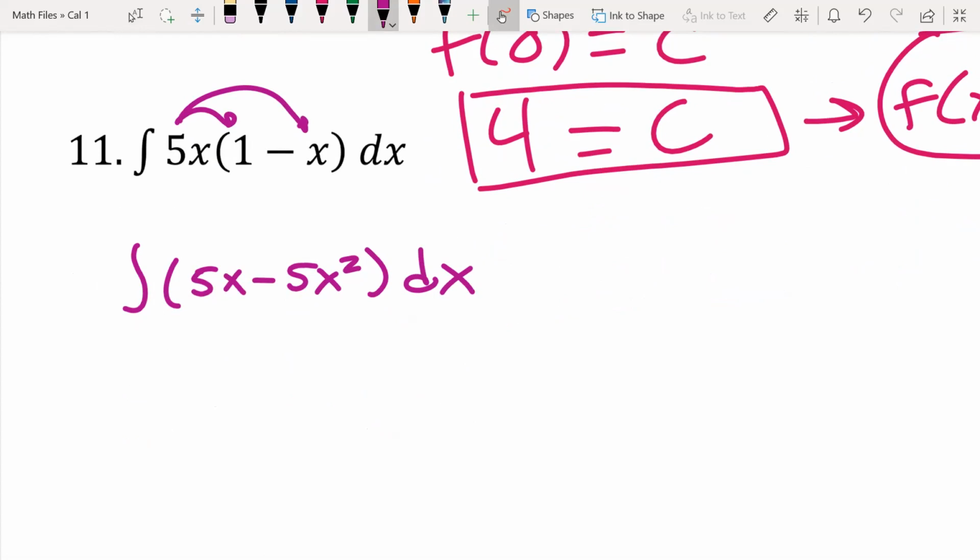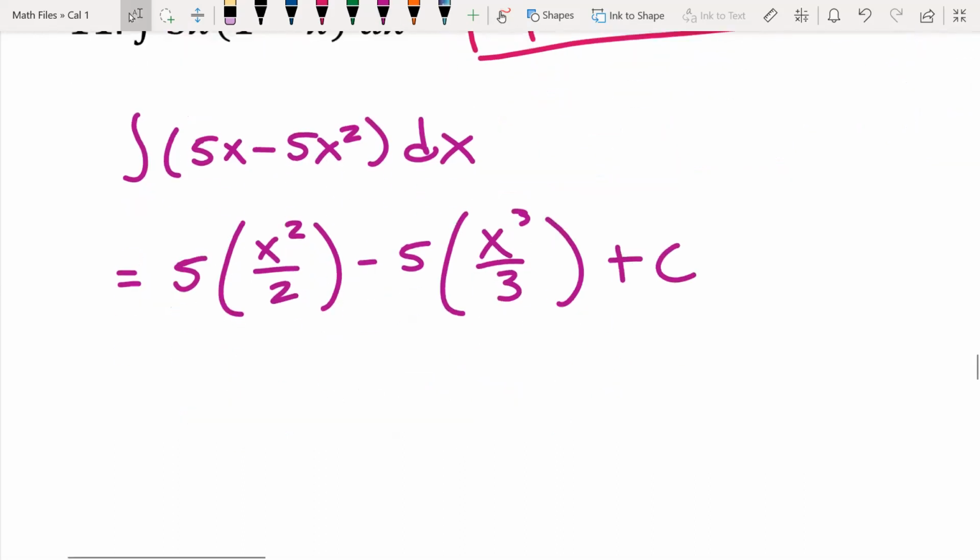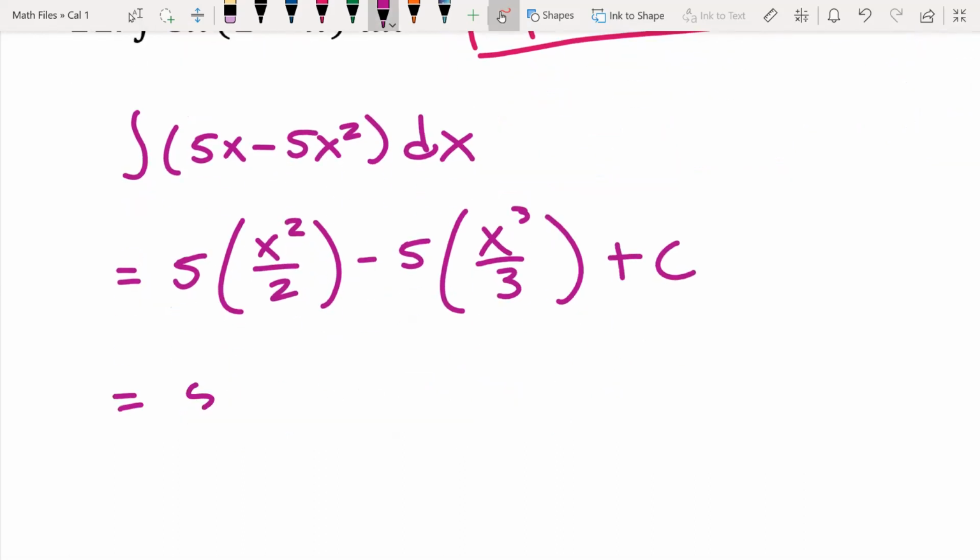This integral is ready to go, and it's going to be power rule on both of them. So we are going to get 5 times the antiderivative of x, x squared over 2, minus 5 times antiderivative of x squared, x cubed over 3. Tack on that c. And we will get 5 halves x squared minus 5/3 x cubed plus c.